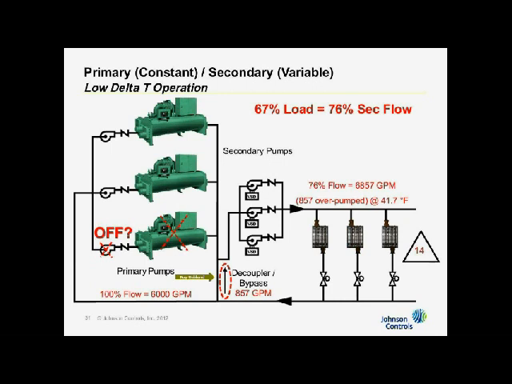The second thing that's happening here is the only way in which I can prevent that backflow is to turn on this pump. This pump that was off. Well, I can't turn it off. I got to leave it on. And if I leave it on, I got to turn on this chiller. Otherwise I pump a dead chiller and just pump 54 degrees directly over into 40, which we don't want either. So you are forced, because of low delta T, to run 3 chillers to do a 2-chiller job.